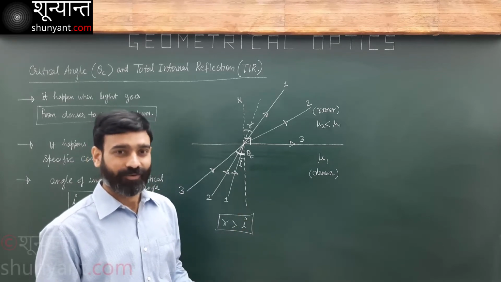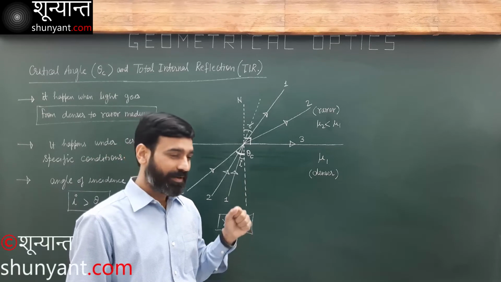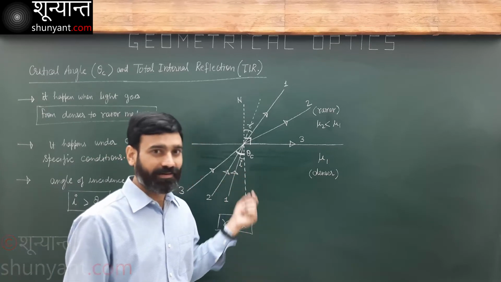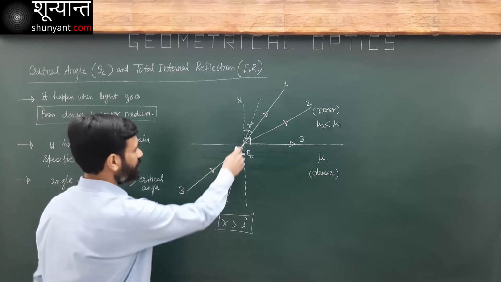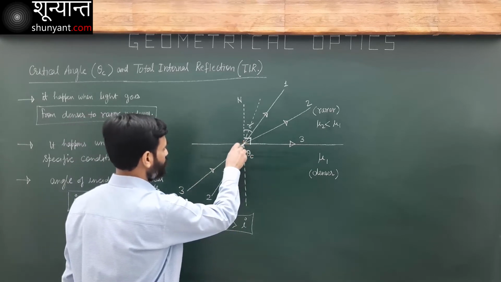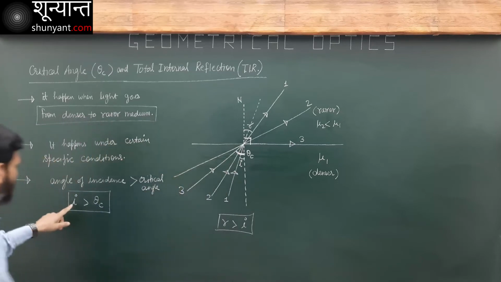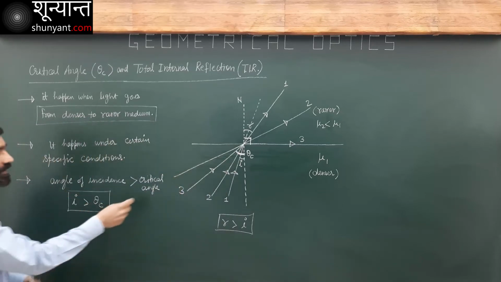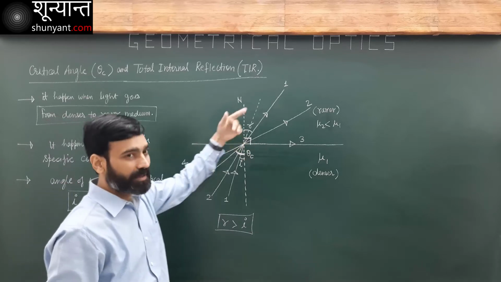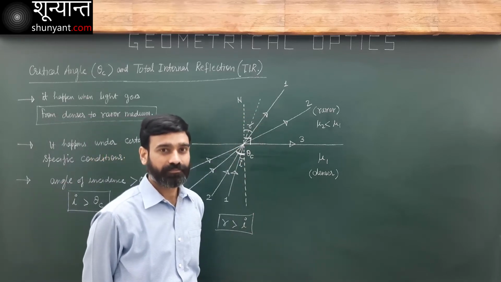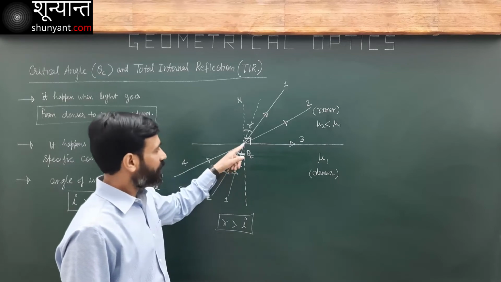Not only that, what will happen after that, if I keep on increasing my angle of incidence? If the angle of incidence is more than critical, then light will not go into the other medium.